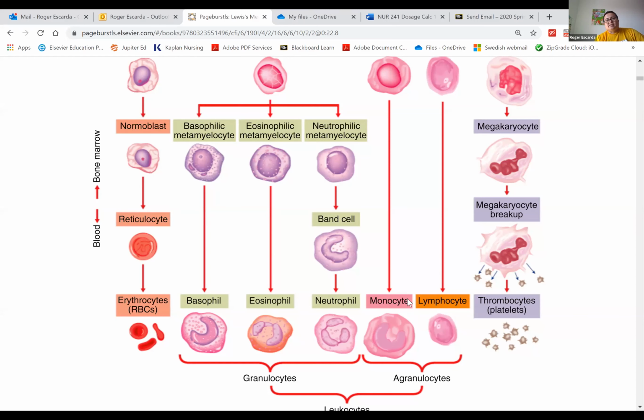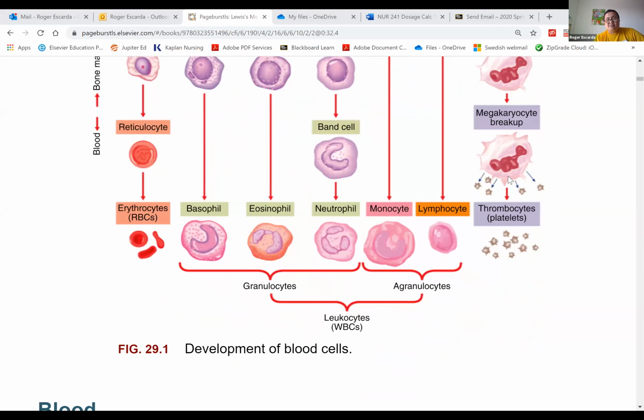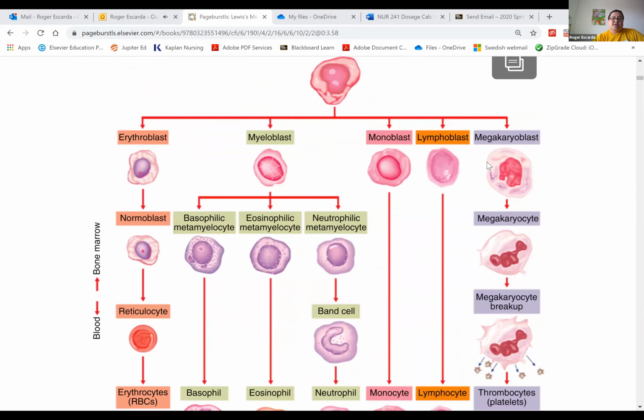However, the signs and symptoms will be very, very similar. The patient, regardless of myeloid or lymphocytic leukemia, all end up having the same symptoms, namely, they will present with anemia, thrombocytopenia, and leukopenia. The reason is they are all made from the same bone marrow.